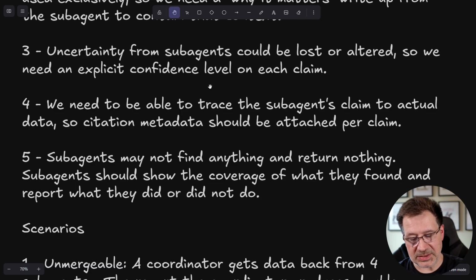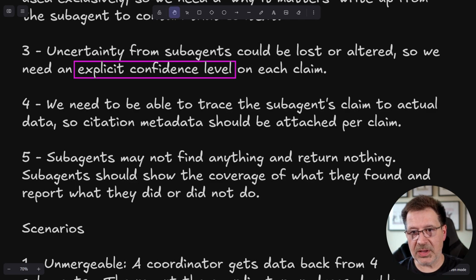Because these agents do some reasoning, we can set an explicit confidence level, which is a specific number like 1 through 5, and the agent has to pick that as part of its output. This will reduce its ability to send us off on a wild goose chase when the confidence level on something is relatively low.